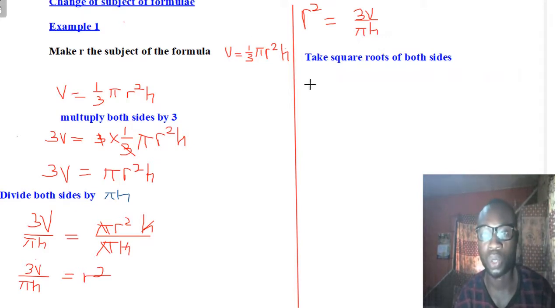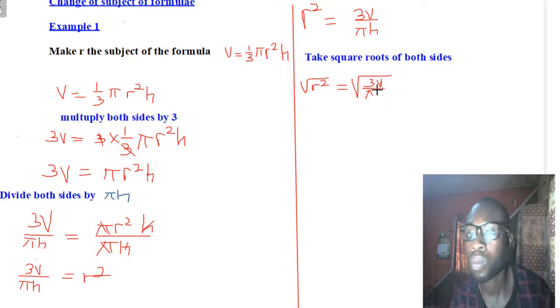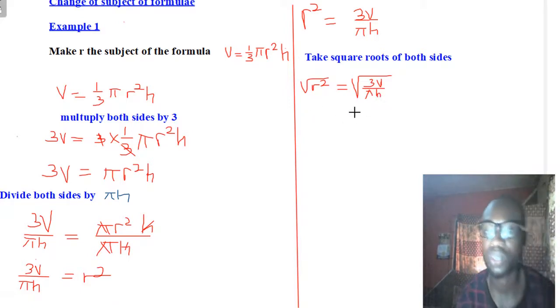So that means that the square root of r square equals the square root of 3v over pi h. Okay, so the square root of r square is equal to the square root of 3v over pi h.